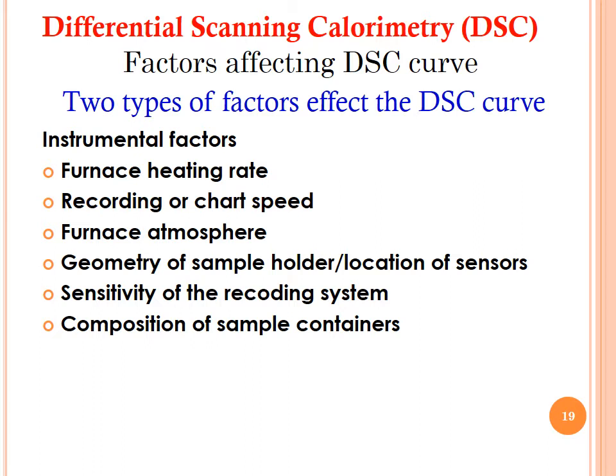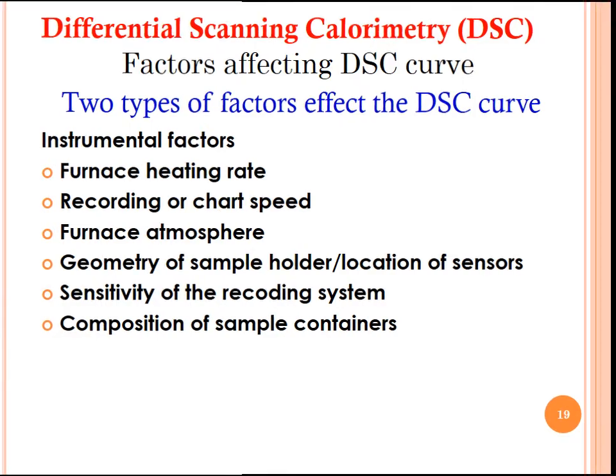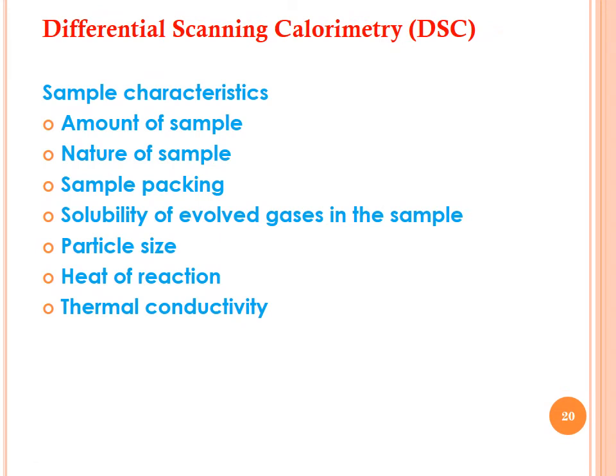We already discussed what kind of container or sample holder we have to use, which are unreactive, not reacting with the sample under investigation. Second, the sample characteristics also affect the DSC curve. The amount of sample, nature of sample, sample packing, solubility of evolved gases in the sample, particle size, heat of reaction, and thermal conductivity also affect the DSC curve.